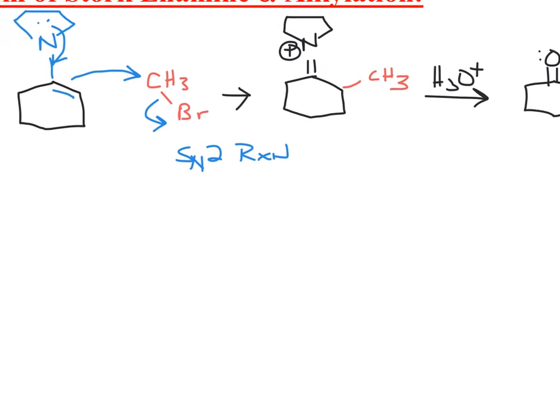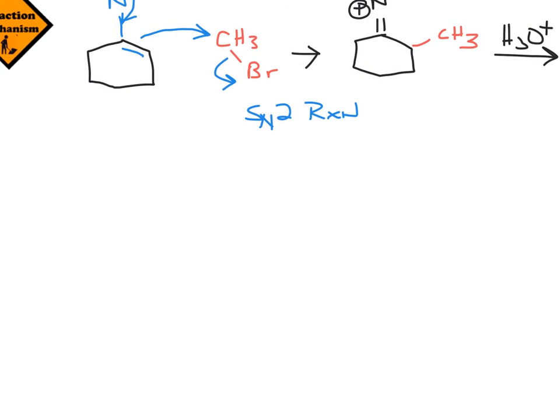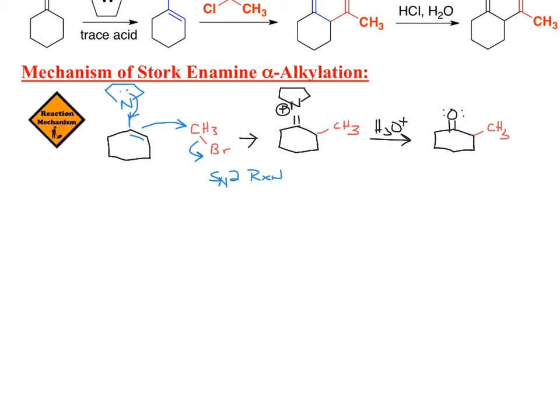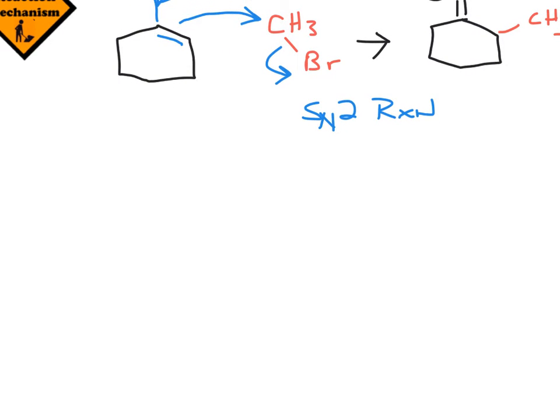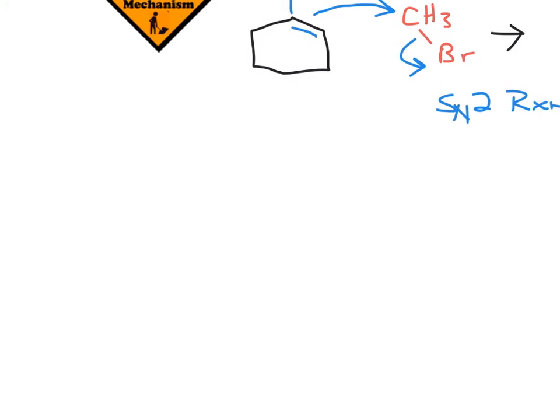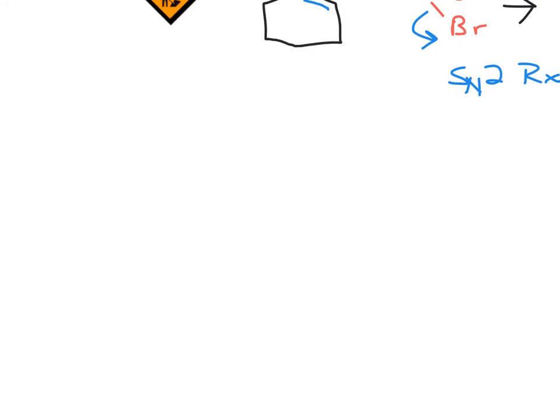Now let me zoom out here, you can take a look at it. So again, it's just an SN2 reaction, form the iminium, which we hydrolyze in the end to give us our carbonyl back. Now what I want to definitely take a look at and show you how it works is the attack of the Stork enamine on the acyl chloride.